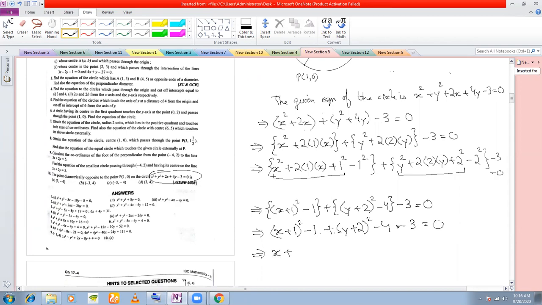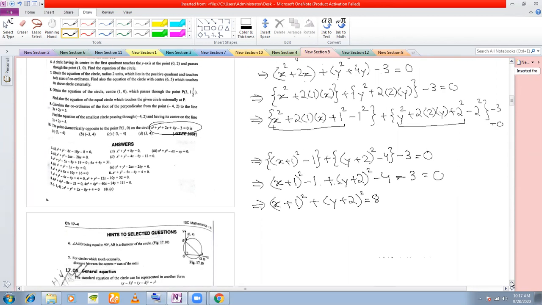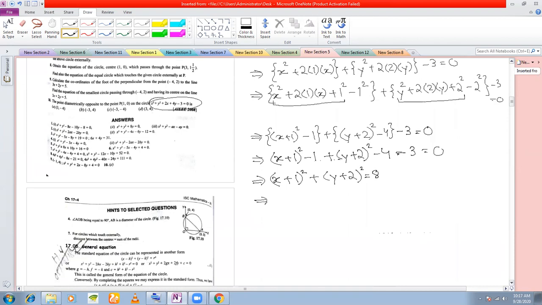So you get (x plus 1) whole square plus (y plus 2) whole square is equal to 7 plus 1, 8, which now can be written as (x minus of minus 1) whole square plus (y minus of minus 2) whole square equal to root 8 square.